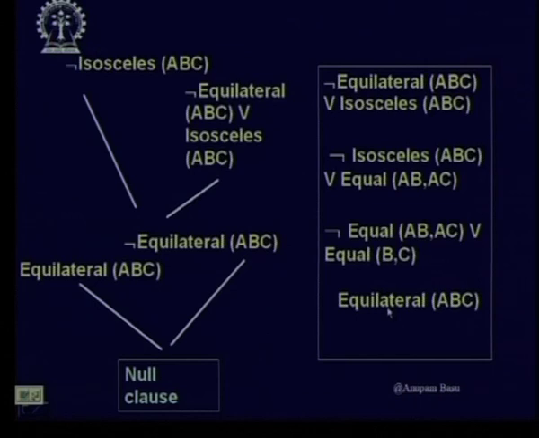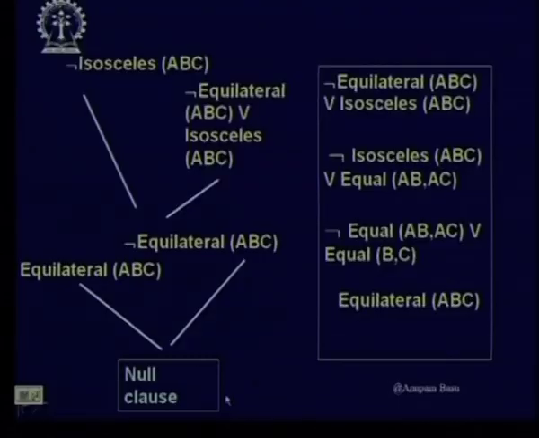That means, the point from where I started is disproved. This is a null clause, that means, I am trying to resolve two contradictions. That means, the goal with which I started is not consistent with the knowledge base that I have.